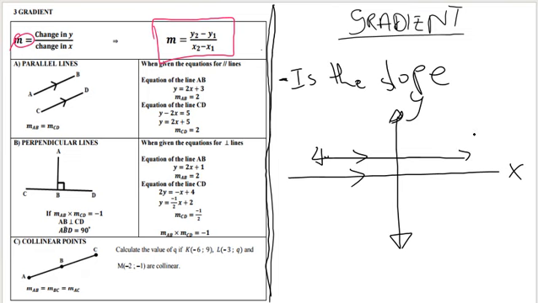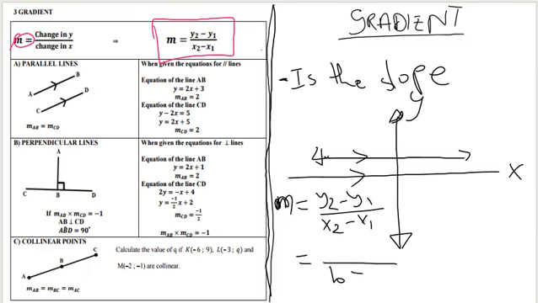So the gradient of this line is always 0, because m is equal to y2 minus y1 over x2 minus x1. Let's say x2 is equal to b and x1 is equal to a, random letters.